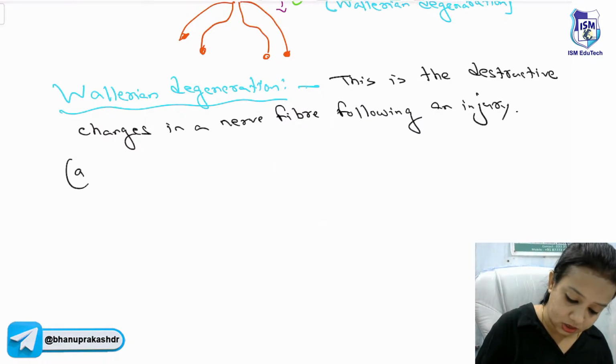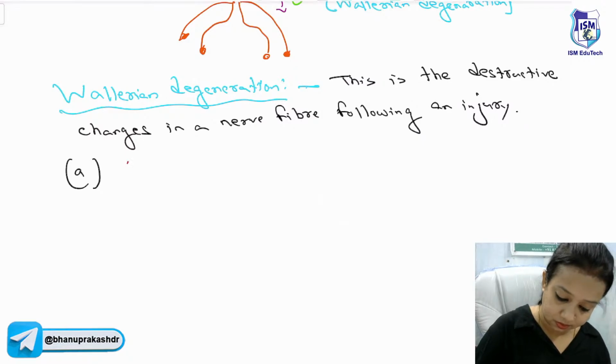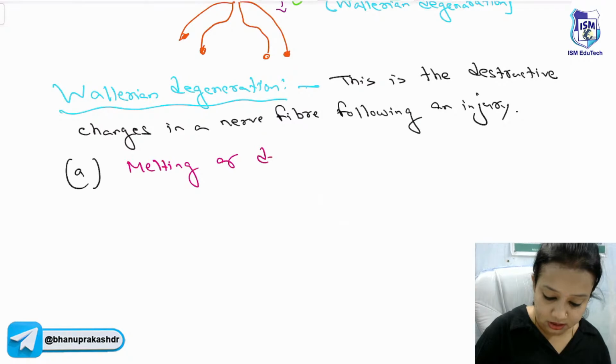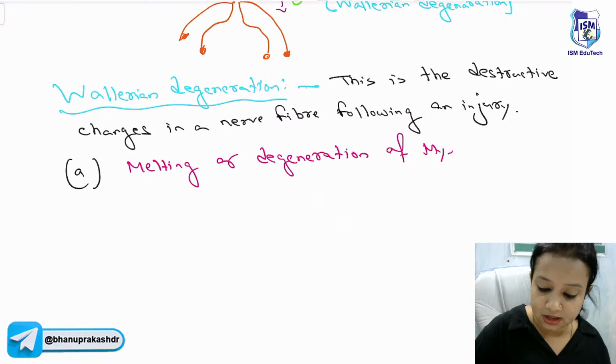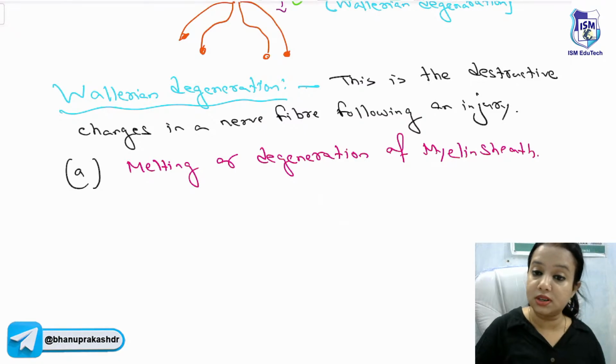So it starts with the melting or degeneration of the myelin sheath. Now coming to the myelin sheath, what did we study about it?